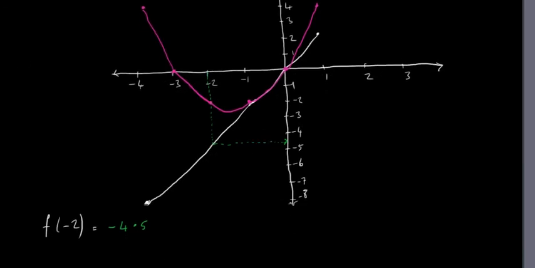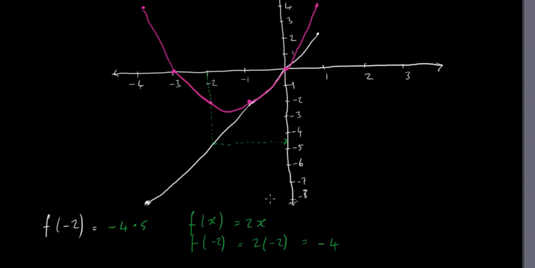In fact, the function is actually f of x is equal to 2x. Now if I put in minus 2 into that, I get 2 times minus 2, which gives me minus 4. So I'm off a little bit here. Because I haven't drawn this graph very accurately, I should have ended up here, but I've ended up a little bit below it. So when you draw this graph accurately, you should get a much more accurate answer.